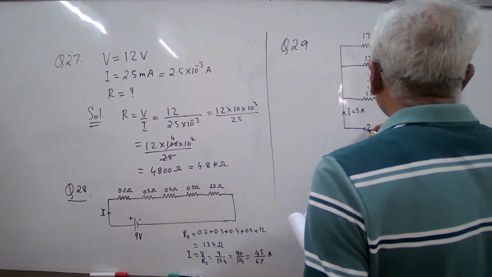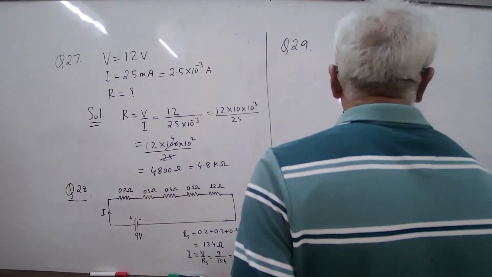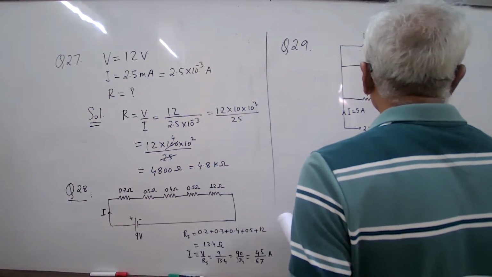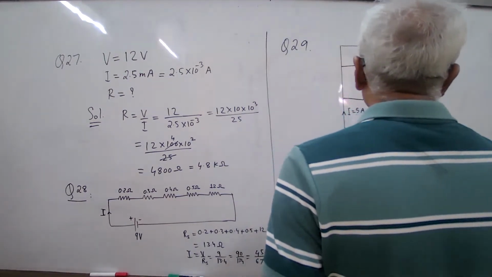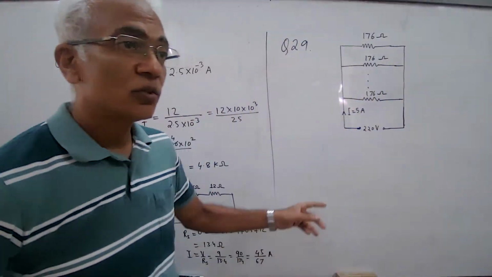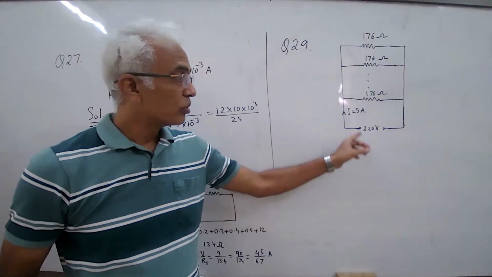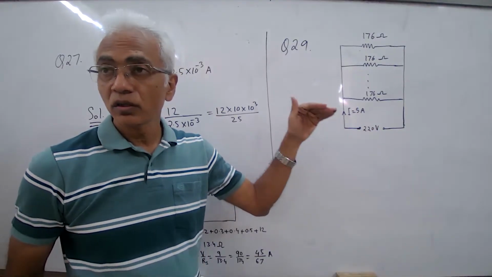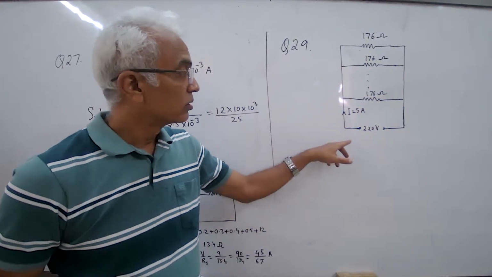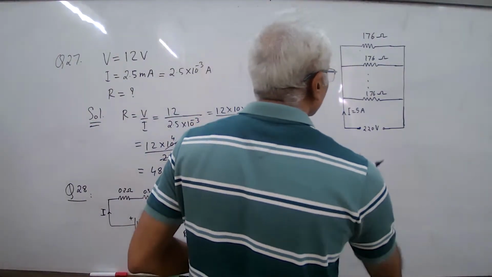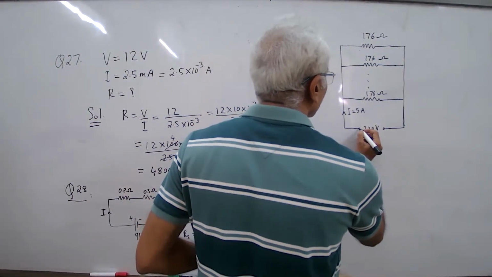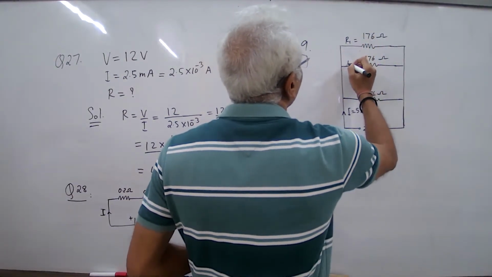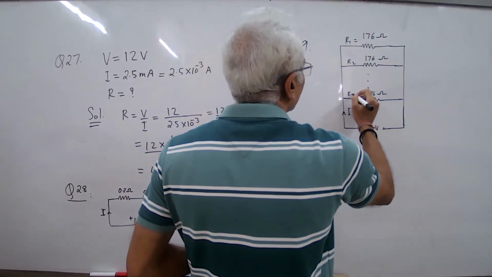Whenever you have 220 volt, you show the supply like this, not like a cell. This is not a DC source, it's not a cell, it is an AC source, like in our home. So you don't have plus and minus, it goes both ways. It is not a constant current. So this is R1, R2, R3, Rn.